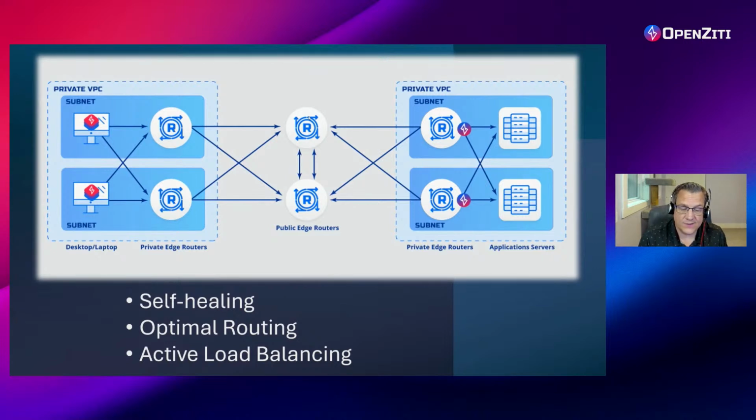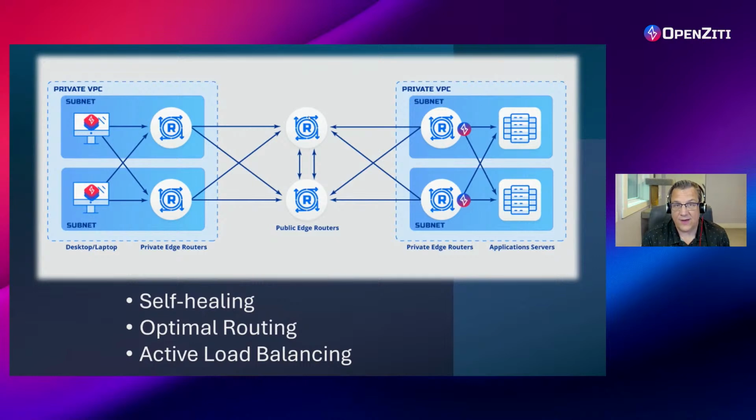That router can certainly have a TCP type of firewall in front of it. It can't be an application firewall because OpenZiti works on IP, so we don't really inspect anything at the WAF type layer. So if you put an edge router out in the public cloud and you can put a TCP type of firewall in front of that edge router, fantastic.